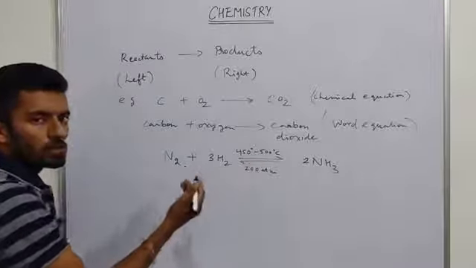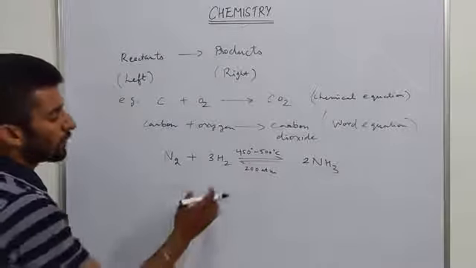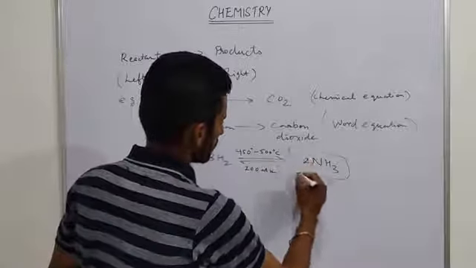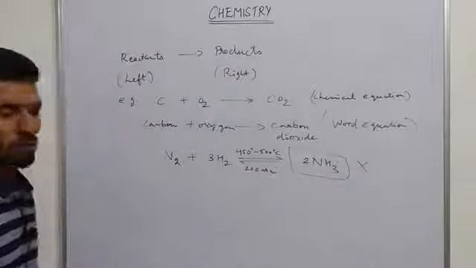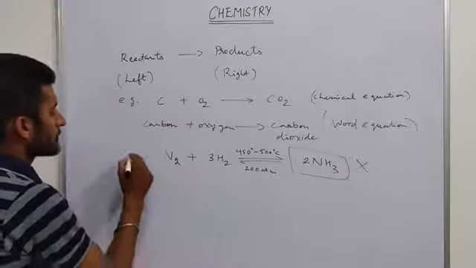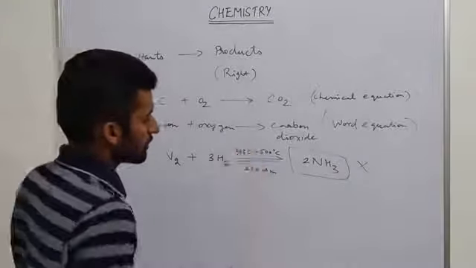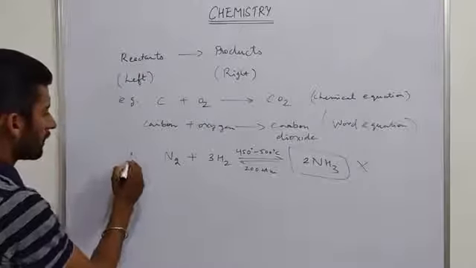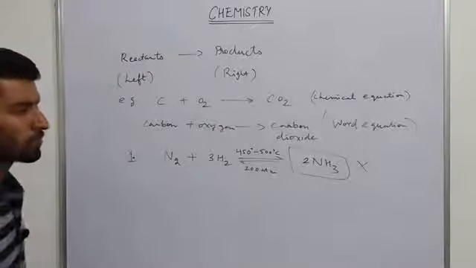Now if temperature is not maintained in this particular range, the formation of ammonia is not there. So in a given equation, it is mandatory to mention all these conditions, otherwise the equation doesn't convey complete information. We can't consider that equation to be fully informative.